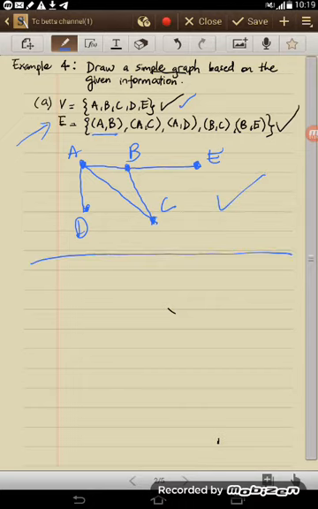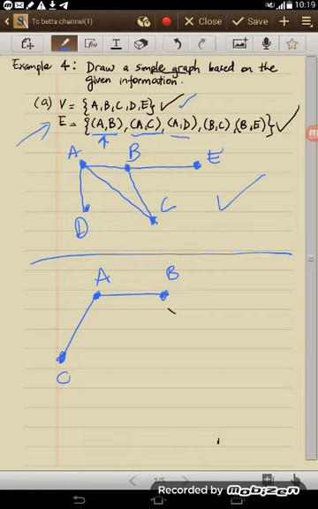You can also do it without writing all the dots first, you go one by one. Let's say we start with A, and then A to B, so maybe you could put B here, and then A to C, maybe you could put C here, you can put anywhere as you like.